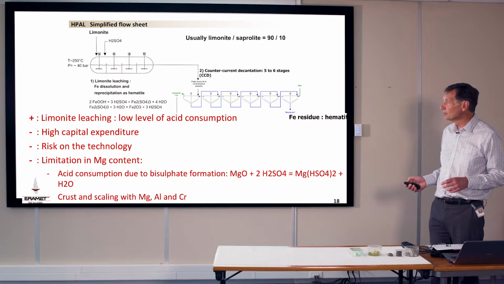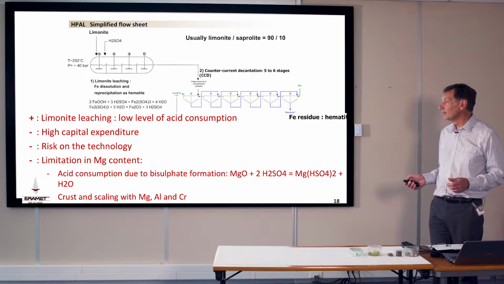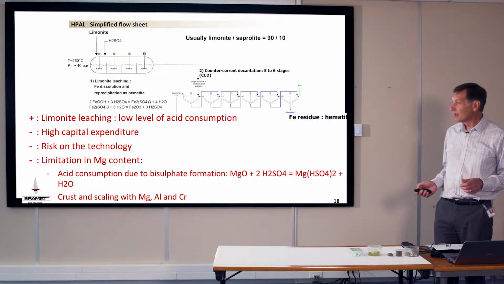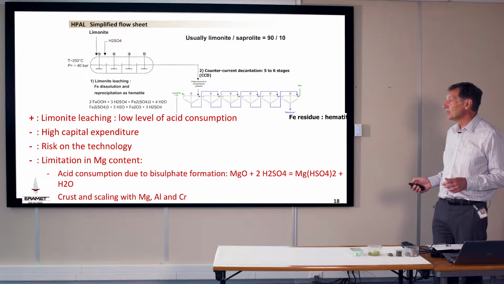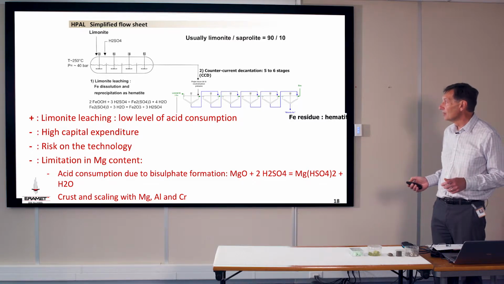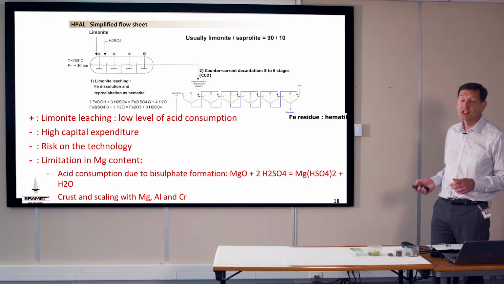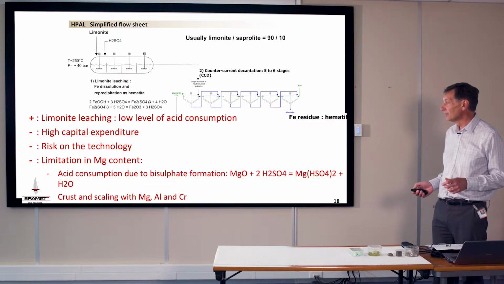You see, 250 degrees C and 40 bars is very high pressure, and it's very expensive equipment, a very high capex, and a technology with some risk, some risk of pressure leakage, and so on. It's very difficult to manage such a device.